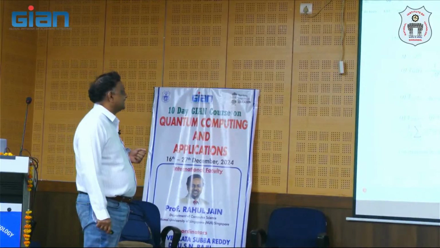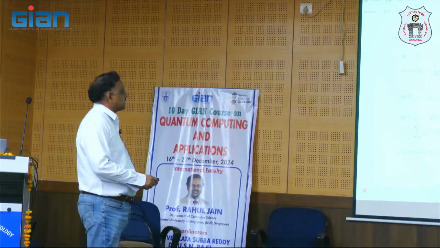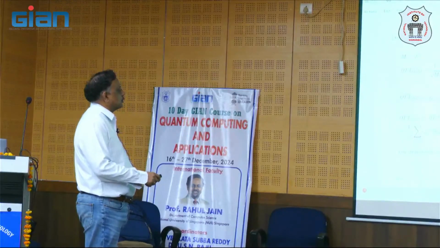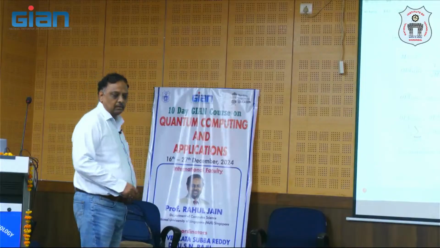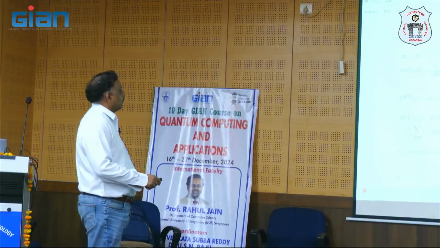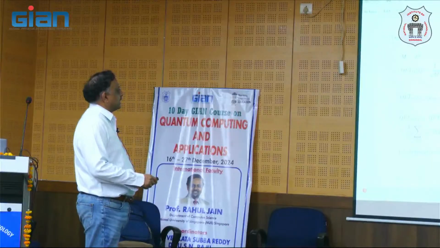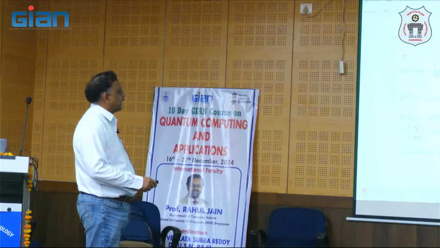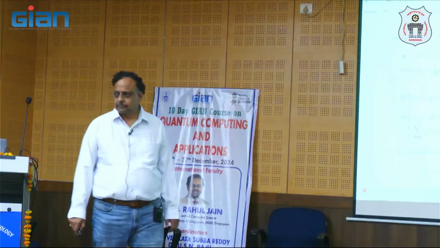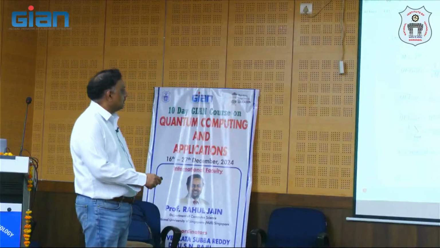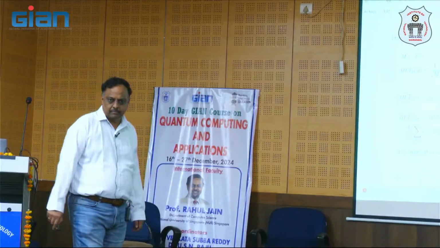So let's recall the Fourier transform. We are working with small m and capital M is 2 to the m. The Fourier transform is given by: Fourier transform of ket j is 1 over square root M, summation k from 0 to M minus 1, omega M to the power jk, ket k. This is the Fourier transform.